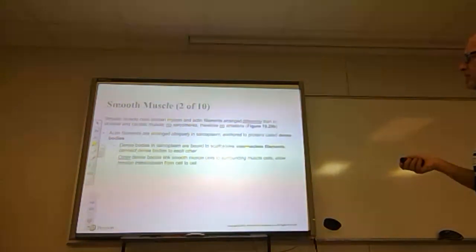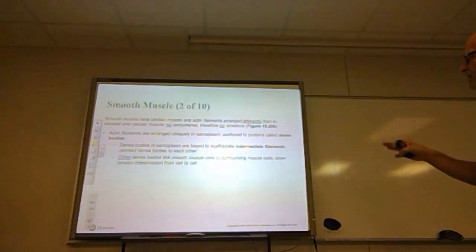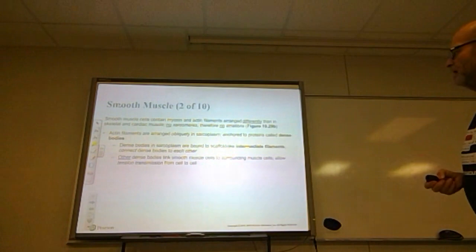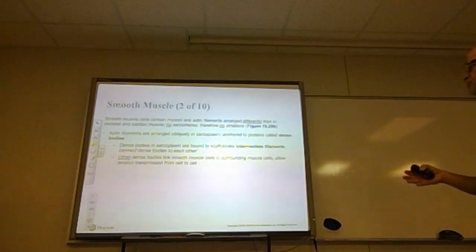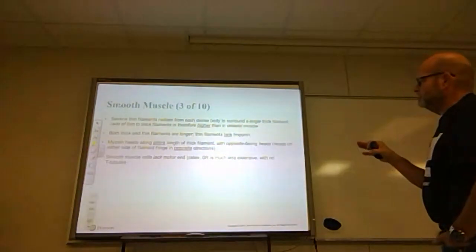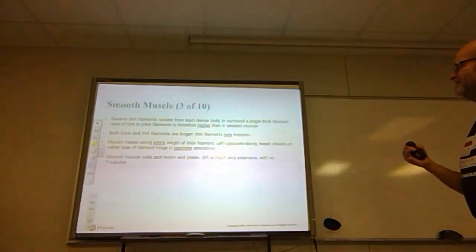Dense bodies in the sarcoplasm are bound to scaffold-like intermediate filaments, which connect the dense bodies to each other. Other dense bodies link smooth muscle cells to the surrounding muscle cells, which allows tension transmission from cell to cell.